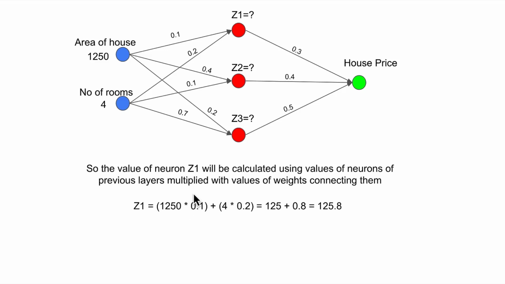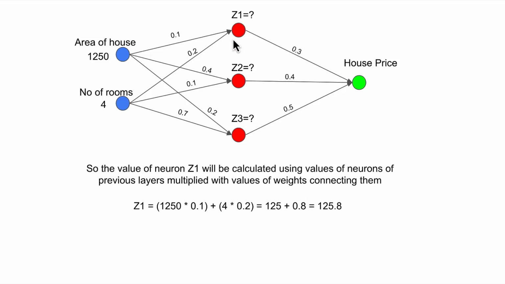After that you are going to see if any other neuron is connected with this Z1. We can see this rooms is also connected, so we are going to take the value of room and multiply it with this weight 0.2. There you can see we are doing this as well. And after that we are doing the calculations and finding the value 125.8. So that will be the value for this Z1.